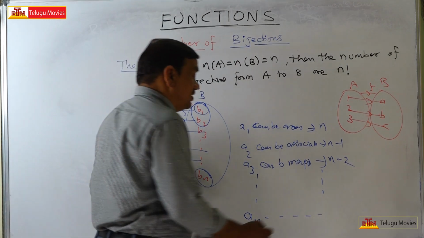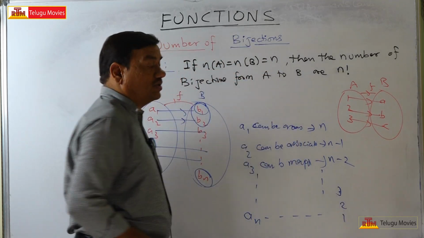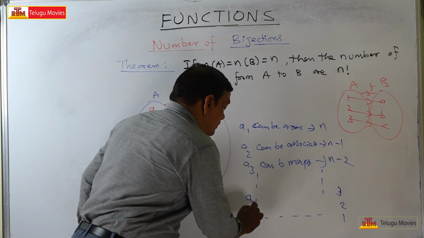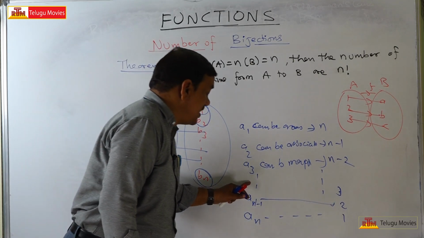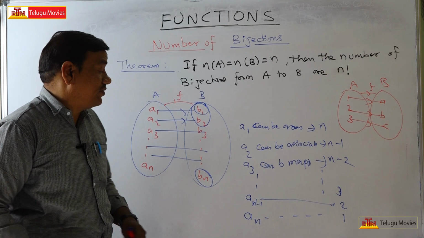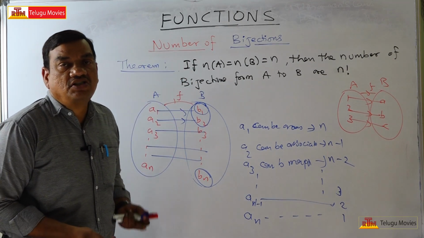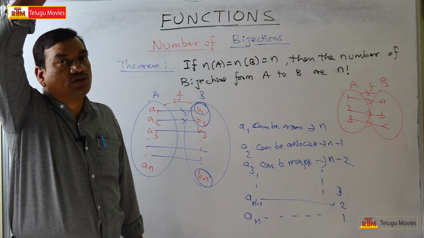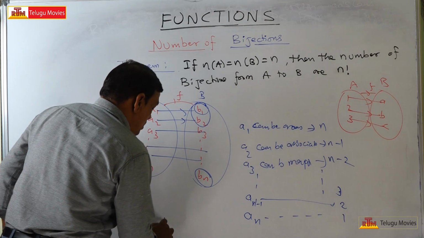The last seat, that is 1. Before that, 2. For a(n minus 1), there will be 2 seats remaining. For a(n minus 2), 3 seats will remain. For the last passenger an, the final seat, the window seat, that is 1.